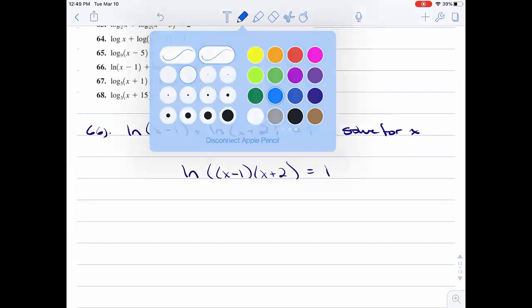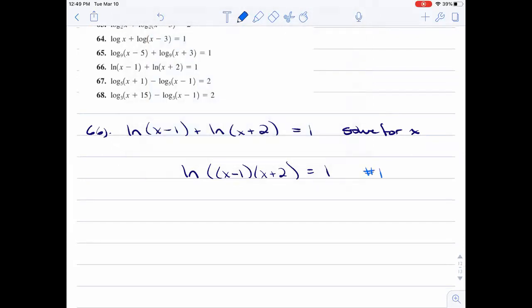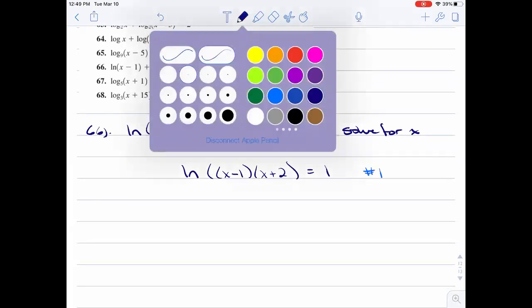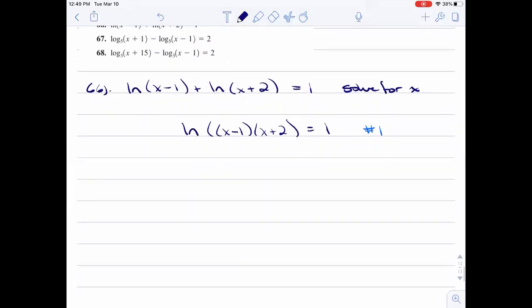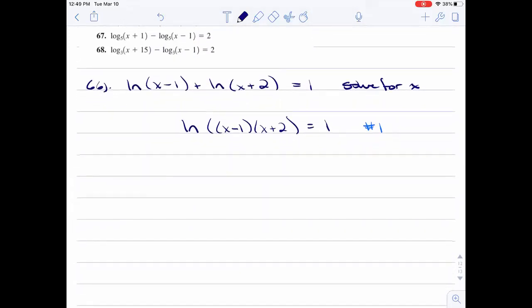So this is law number 1. I've got x minus 1 times x plus 2 inside of the natural log.